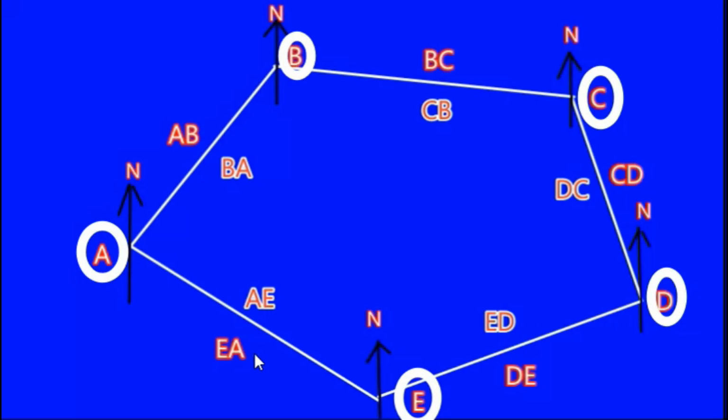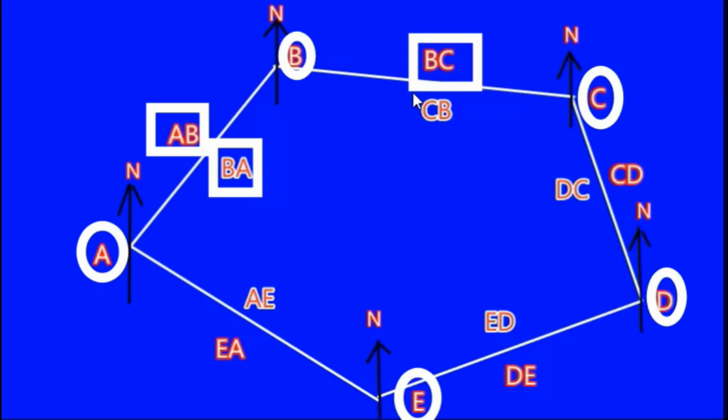Now what is a fore bearing over here? When we are moving from A to B, it is a fore bearing. And then when we look from B to A, it is known as a back bearing. So we can specify it in this form, BA. Then similarly, BC is a fore bearing and CB is the back bearing. Then CD is the fore bearing and DC is the back bearing.